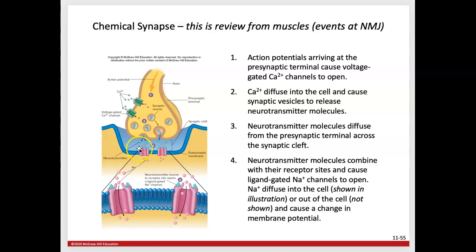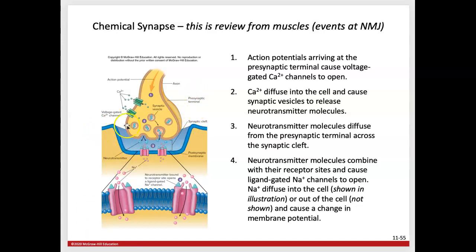Then that acetylcholine will bind to receptors in the postsynaptic membrane. This is supposed to be a membrane of the next cell. This whole thing is the synapse, and here is the synaptic cleft, the gap in between.